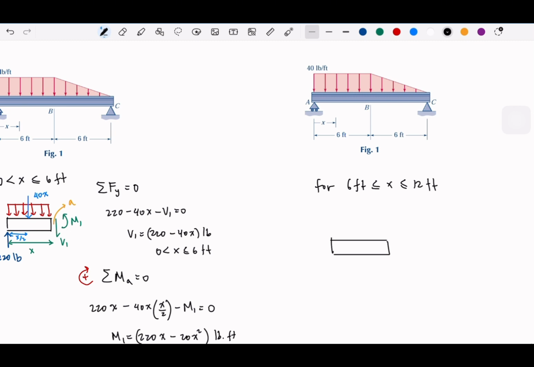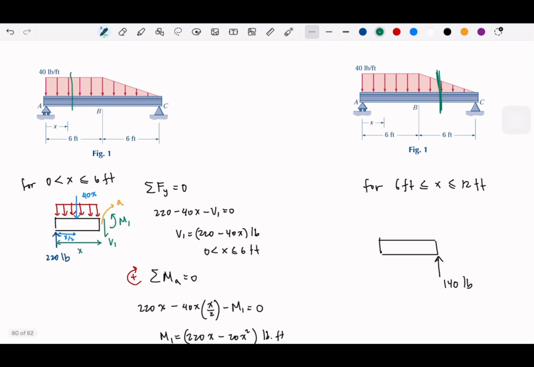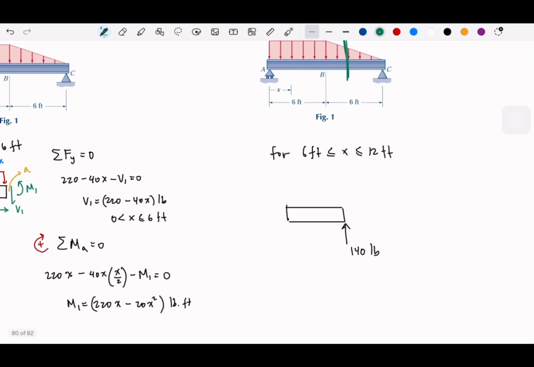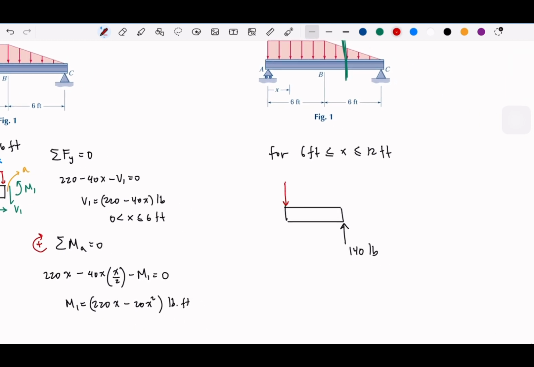And suppose that this is the C. So we have 140 pounds for C, right? And suppose we cut this part. Okay, cut this part, and we have a small triangle over here.